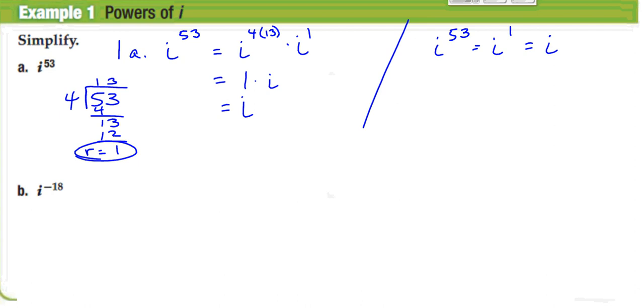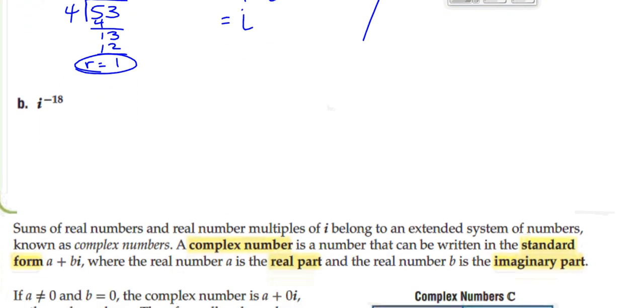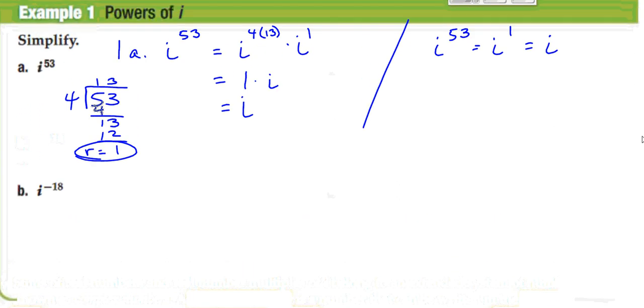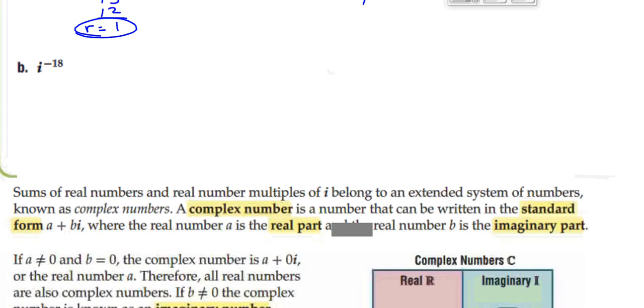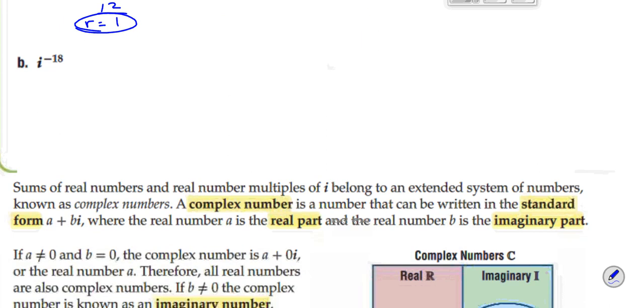Then, pause that if you need to write down more. Then I'm going to go on to this next one. For me, I probably do this a little different than both of those methods, but i to the negative 18 is, the way I do it, 1 over i to the 18, and then I just do my same thing. 18, I'll divide that by 4.